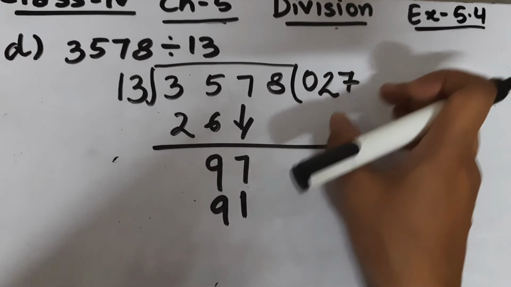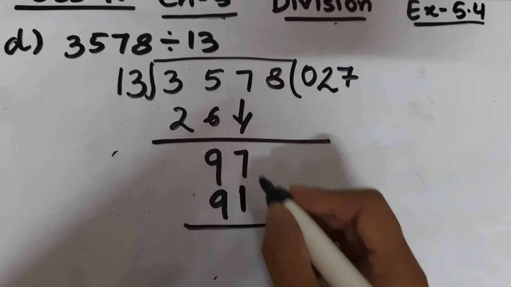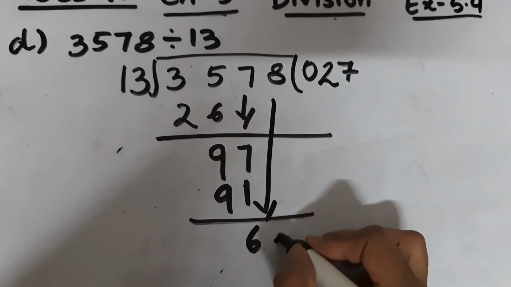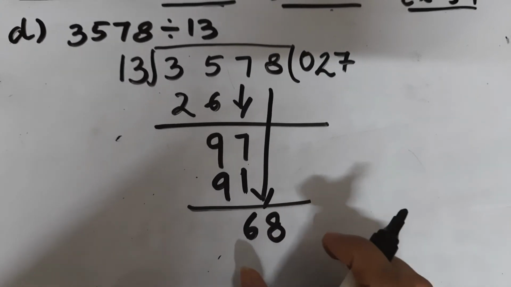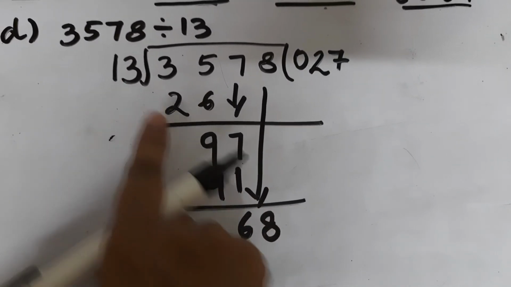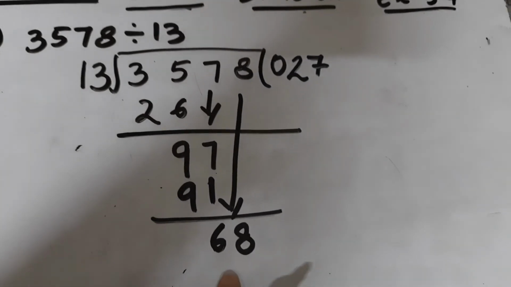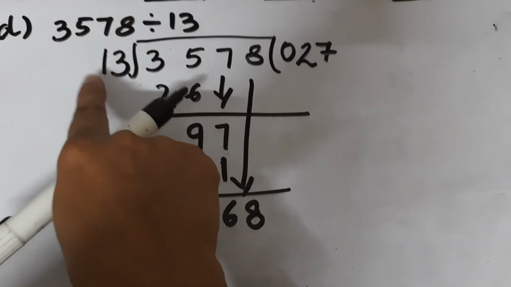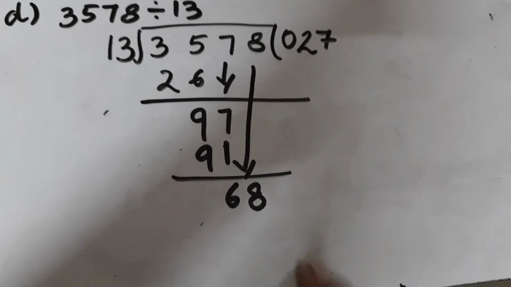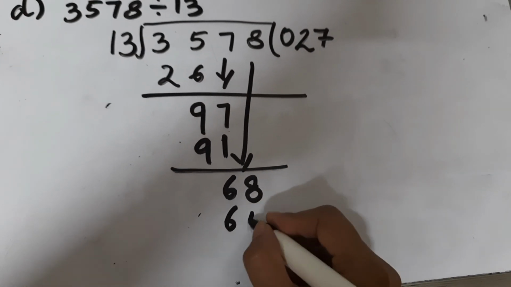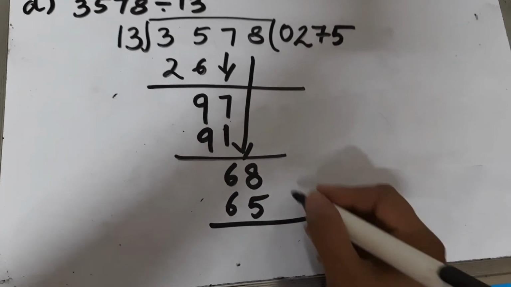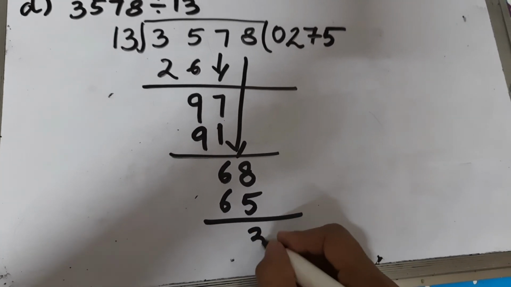Now subtract it. 7 minus 1 is 6 and bring this 8 down. Now does 68 come at the table of 13? No, 68 doesn't come at the table of 13, so we will take a number that is just smaller than 68 and comes at the table of 13, and that is 65. 13 fives are 65. Now subtract it. 8 minus 5 is 3.